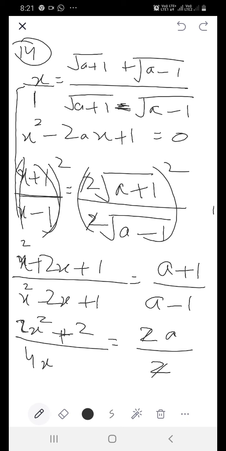And in the numerator of the left hand side, you can take 2 common. If I take 2 common, what you will be left with? 2 common, x square plus 1. And you can cancel 2 with this 4x. Now what you are left with now?